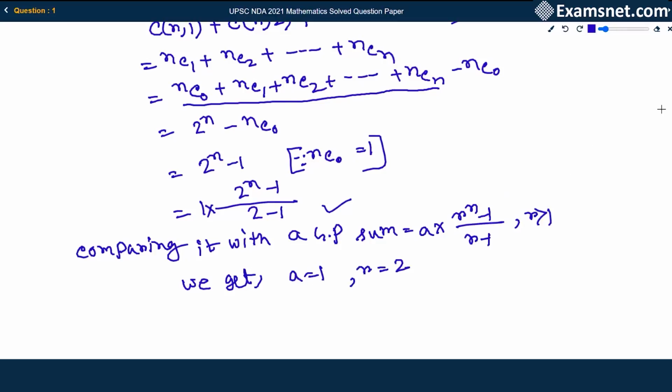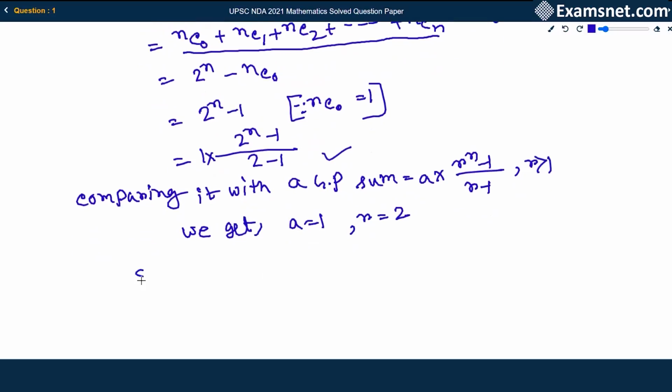So apparently r is greater than 1, right? Since it's the sum of a GP series where the first term is 1 and the common ratio is 2, we can write it as 1 + 2 + 2 square + 2 cube + ... up to 2 to the power n minus 1.